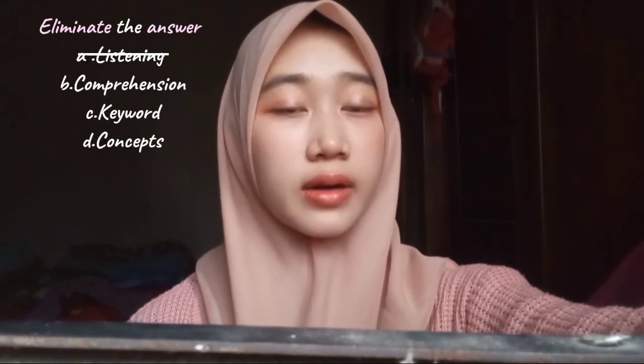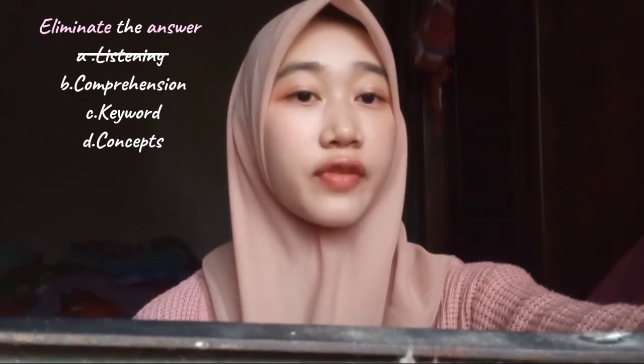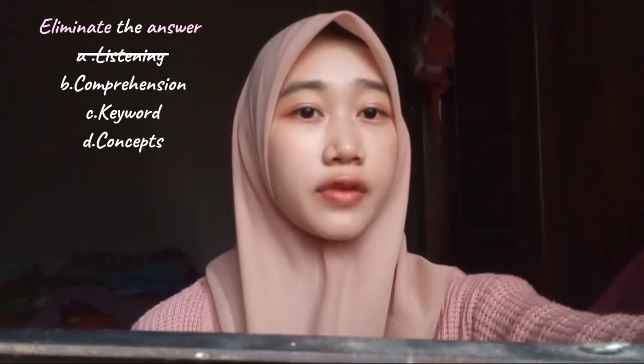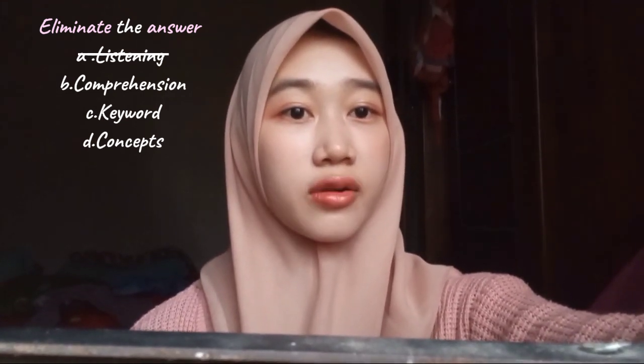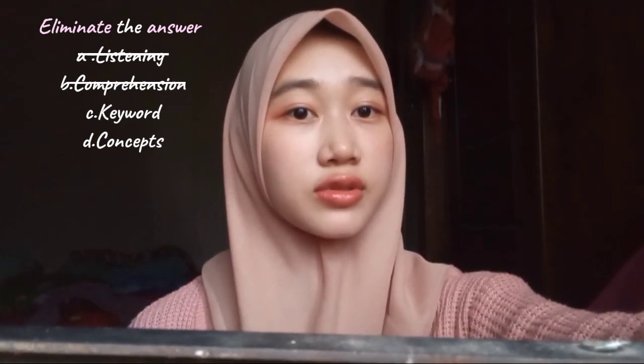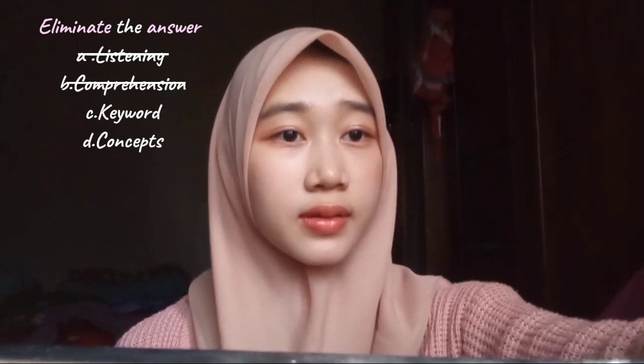In a multiple choice question, you can sometimes eliminate the answers you are sure are incorrect before you listen, or if you do the first listening, you can cross out one or two options, which leaves you with the others to choose from. If you are listening to get certain information, you should list the information that you need to collect and listen out for words that would lead to that information.